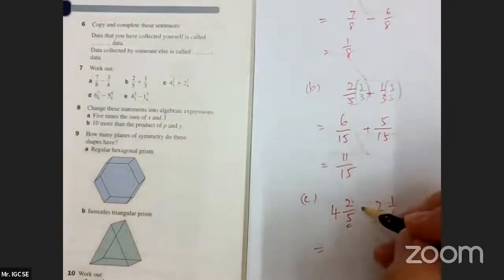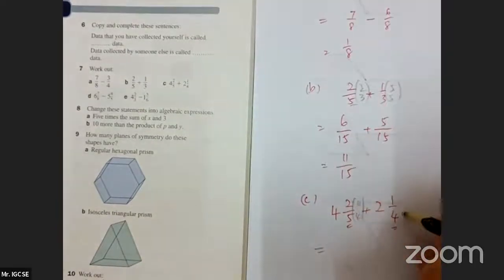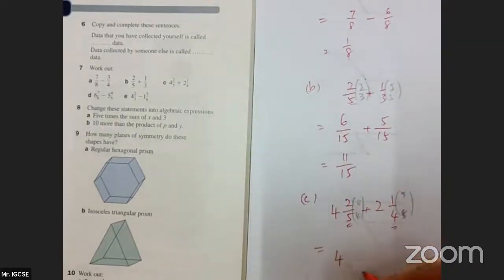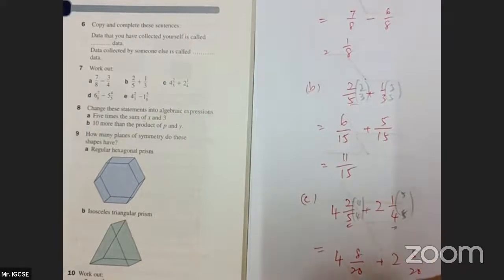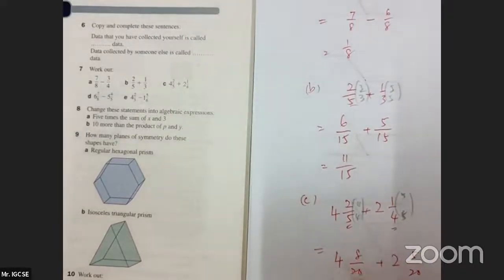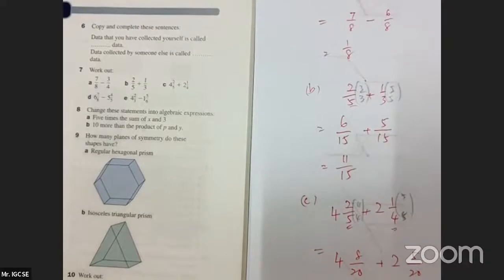So this one you need 4 over 4, and this one 5 over 5. So you have 4 and 8/20 plus 2 and 5/20. So this is 4 whole and 8 slices, 2 whole and 5 slices. So these two parts together, you have 6 whole and 13 slices of the plate of 20.